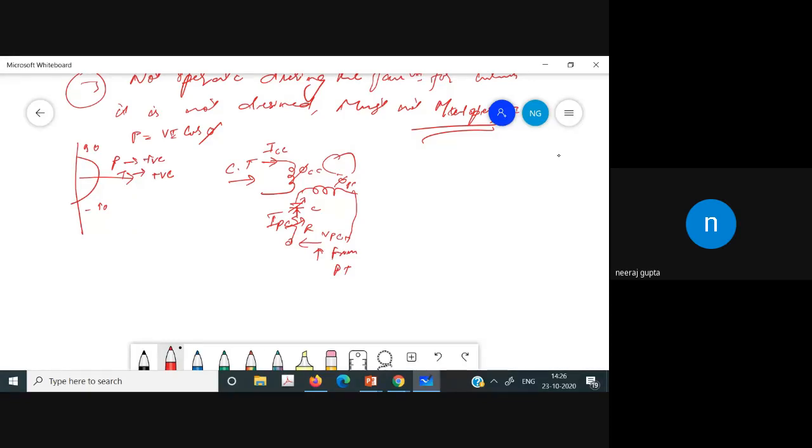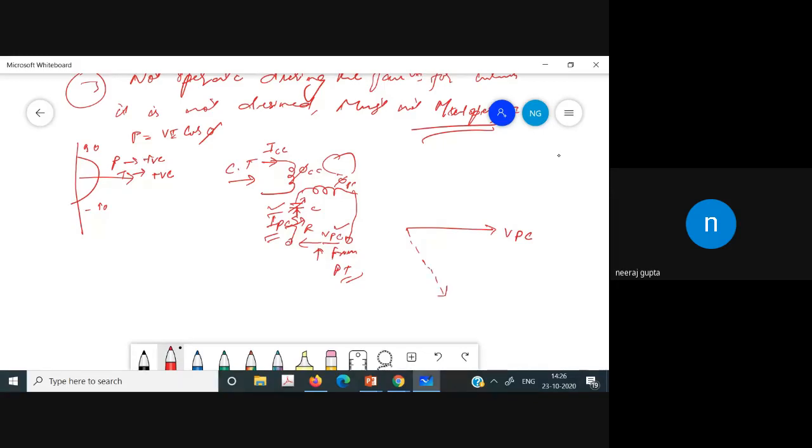How do we draw the diagram? We first start with the VPC. From the PT we are getting the VPC. From the VPC, we have IPC, and this is highly inductive in nature, but not purely inductive.